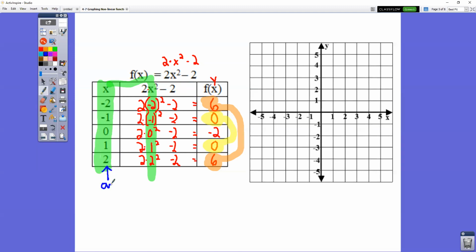When you go to graph it, your first number is how many we go over. Your second number is how many you go up or down. When we go to graph it, you want to start right here, right in the middle.